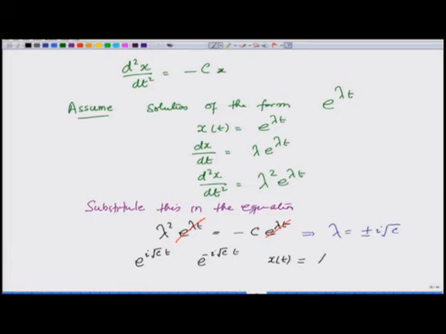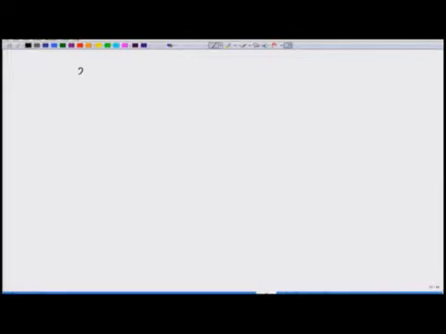This is going to be some constant a 1 e raised to I root c t plus some other constant b 1 e raised to minus I root c t. Okay, so, x t is of the form a 1 e raised to I root c t plus b 1 e raised to minus I root c t. And you will learn, or if you have not already learned, e raised to I root c t is nothing but cosine of root c t plus I sine of root c t.